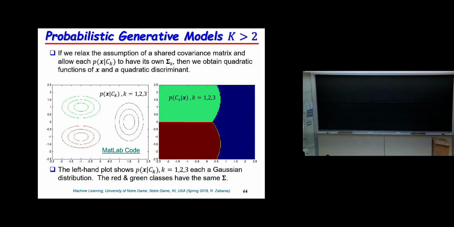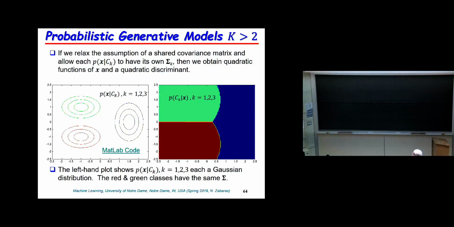All right, so the green and the red, why is the boundary a straight line? What do they have in common? The same sigma. So these two have the same sigma. You remember the quadratic terms cancel out and you get a linear decision boundary. That's what you get.